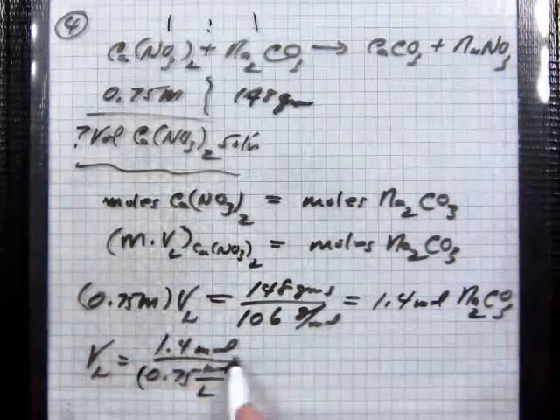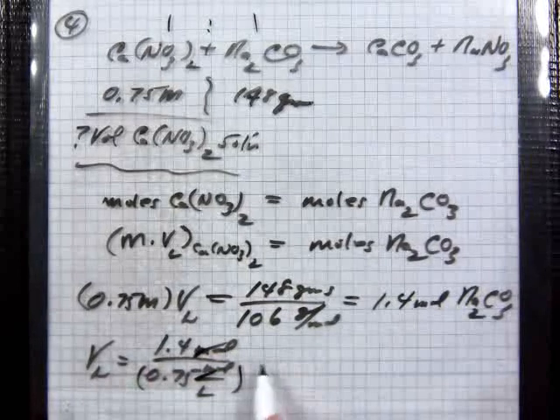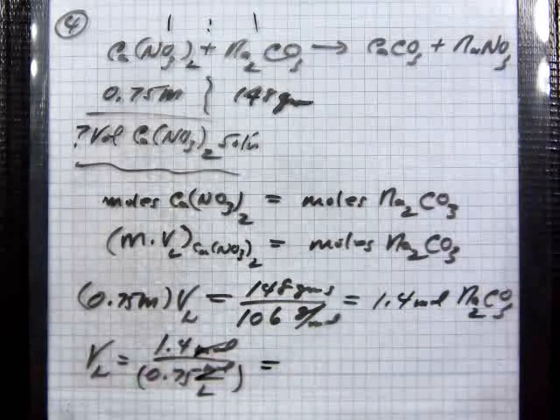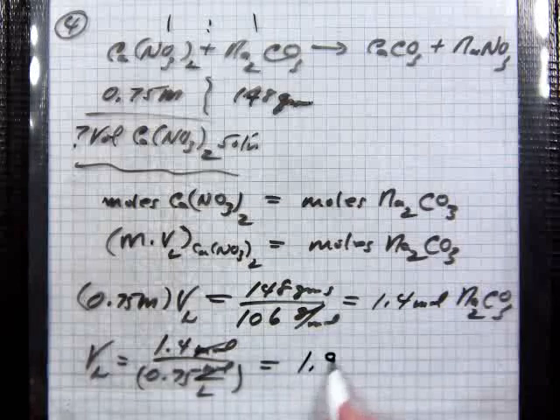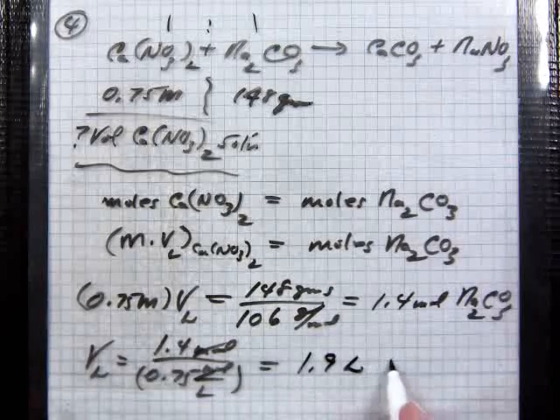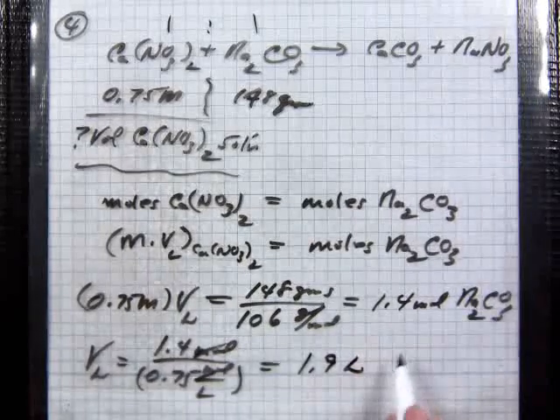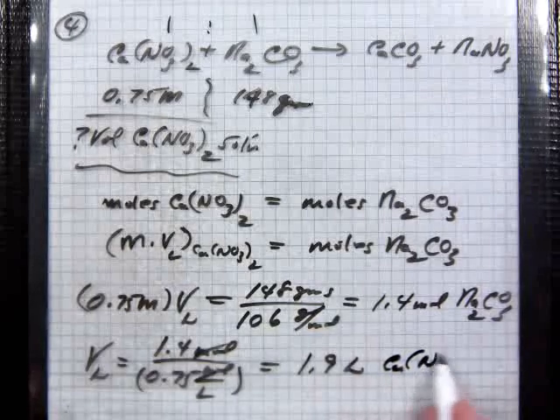Because molarity is moles per liter, moles drop out, and so the answer comes out in liters. If I punched it in correctly, I got 1.9 liters of the calcium nitrate solution.